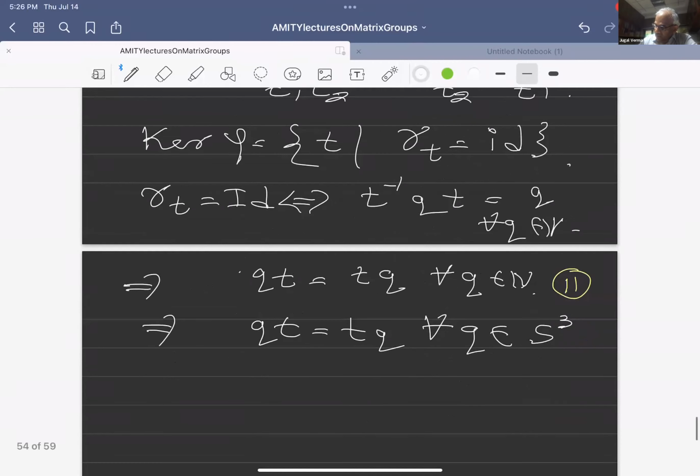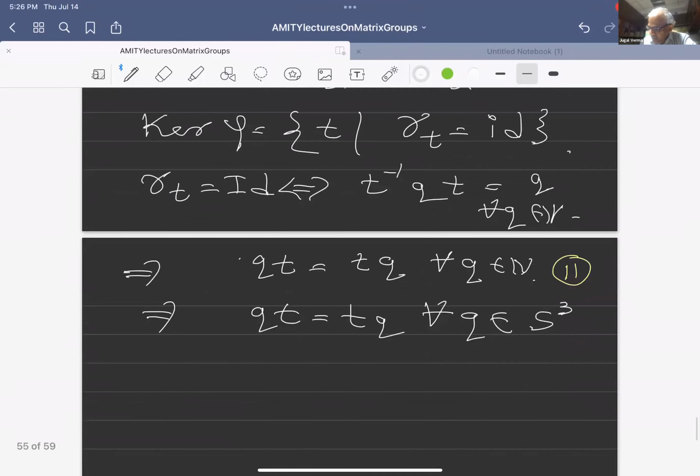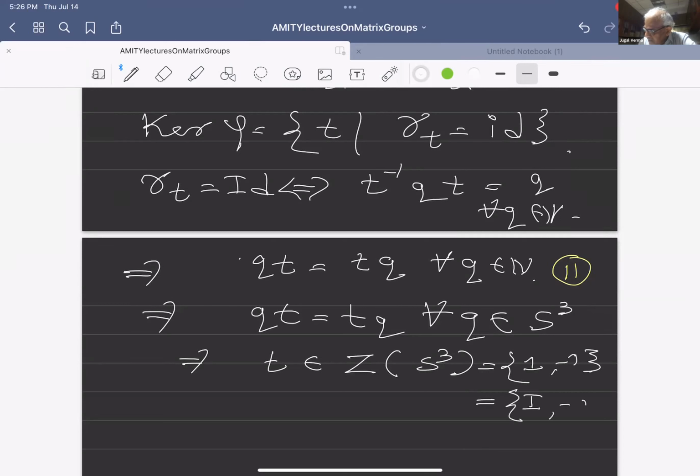Why? Okay, this needs a little argument, but let me complete this. So this says that t belongs to the center of S3, but the center of S3 is just 1 and -1. Or if you want to think of this in the SU2 group, it is identity and minus identity.